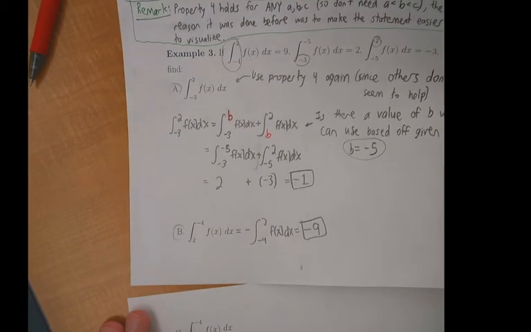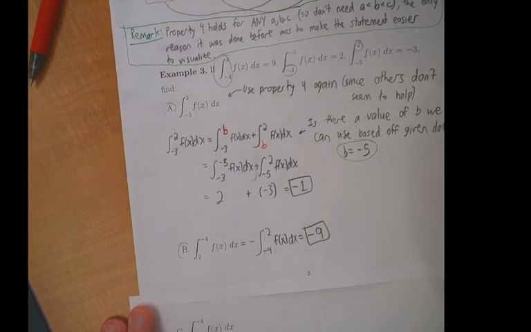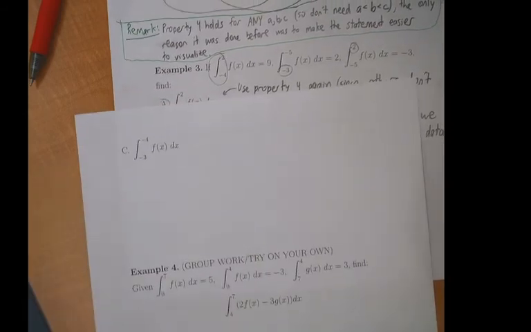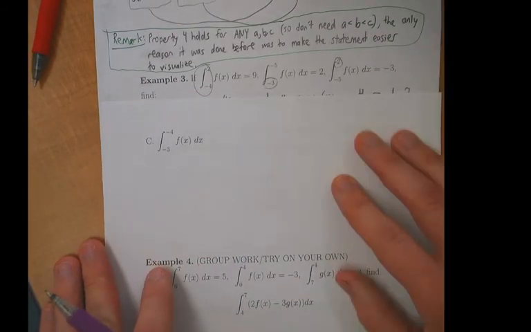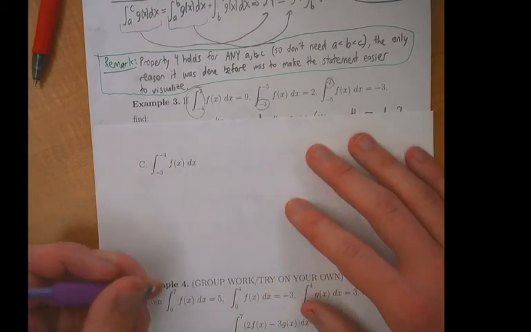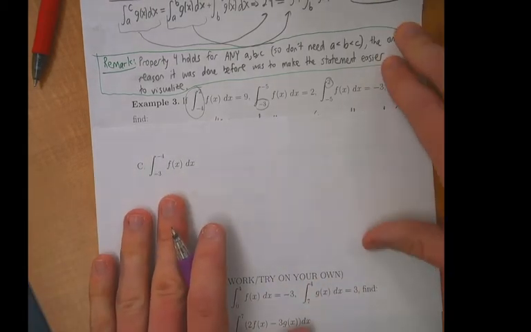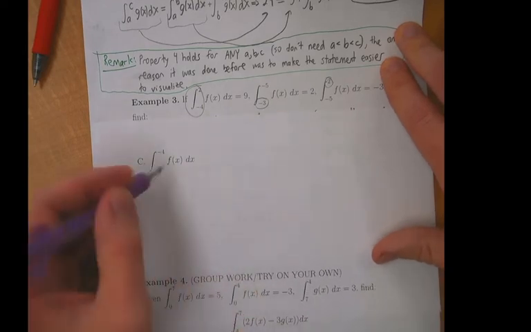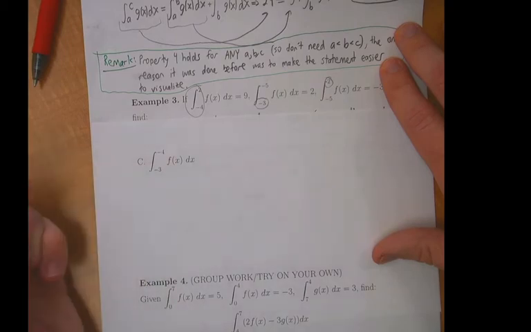So the last one we'll focus on is part C. We have the integral from -3 to +4. Since we don't have any integrals with these explicit bounds, it looks like our only option is to use property 4 again.